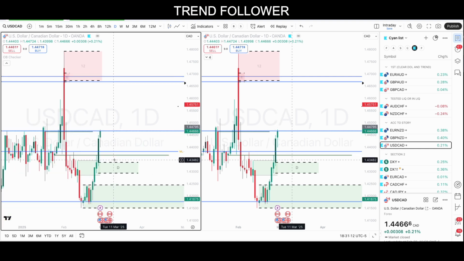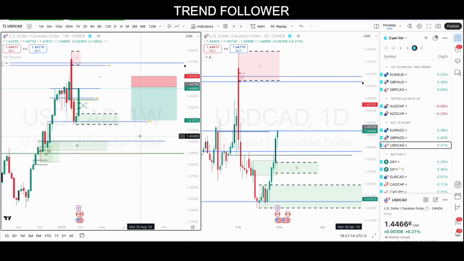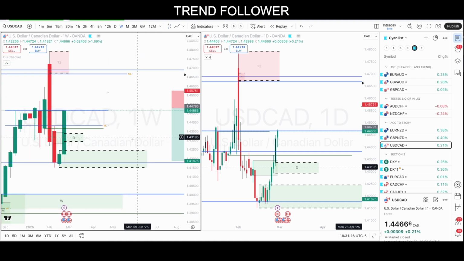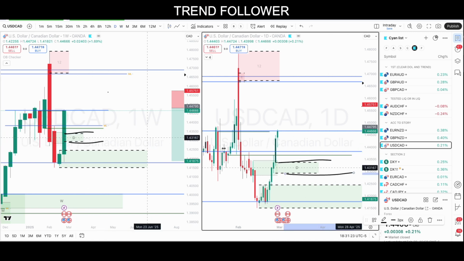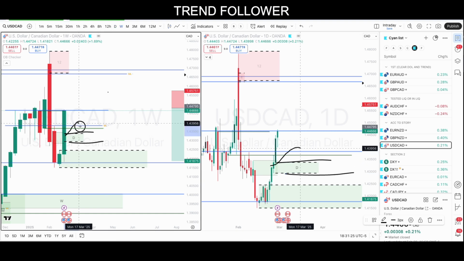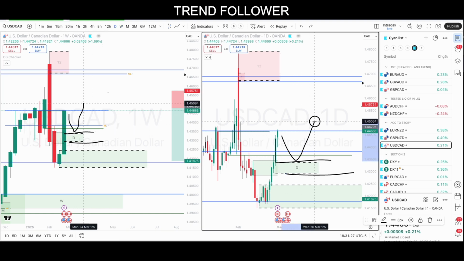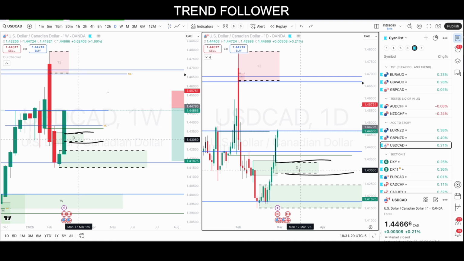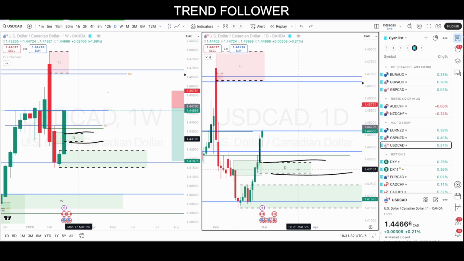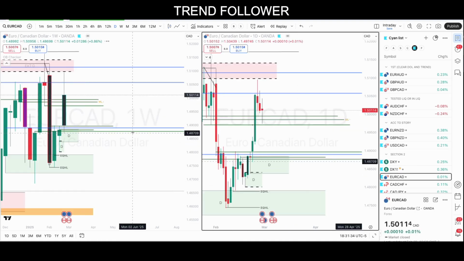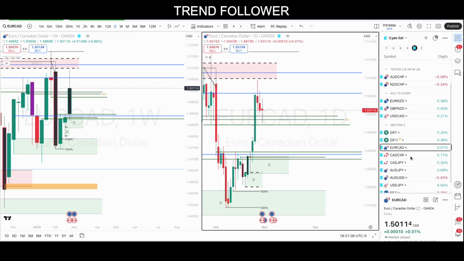But the good thing here is that the chart pattern for a quick trade this week is clear for us. It has shown strength. Other CAD is showing weakness. Tariff news. There's a daily demand here. It should have gone down. It didn't. So this zone can act like demand.